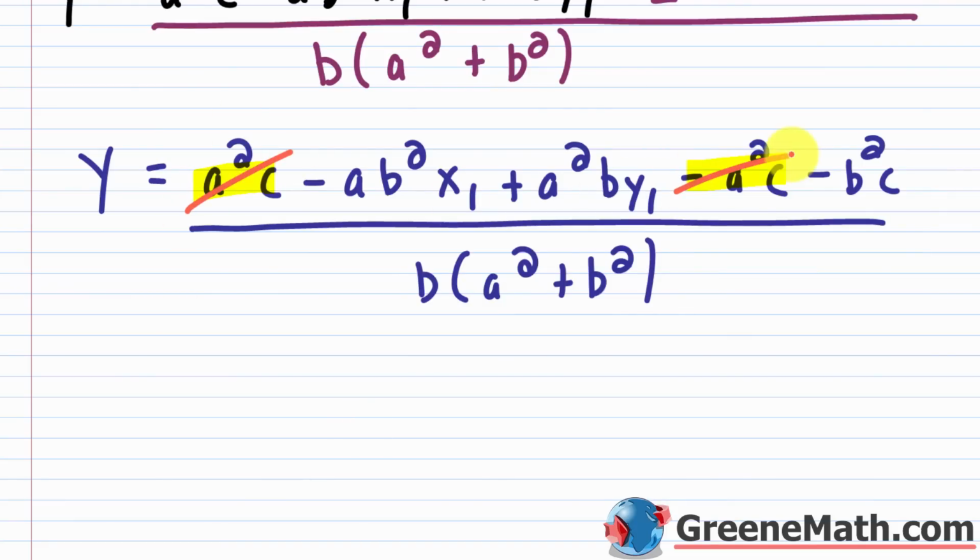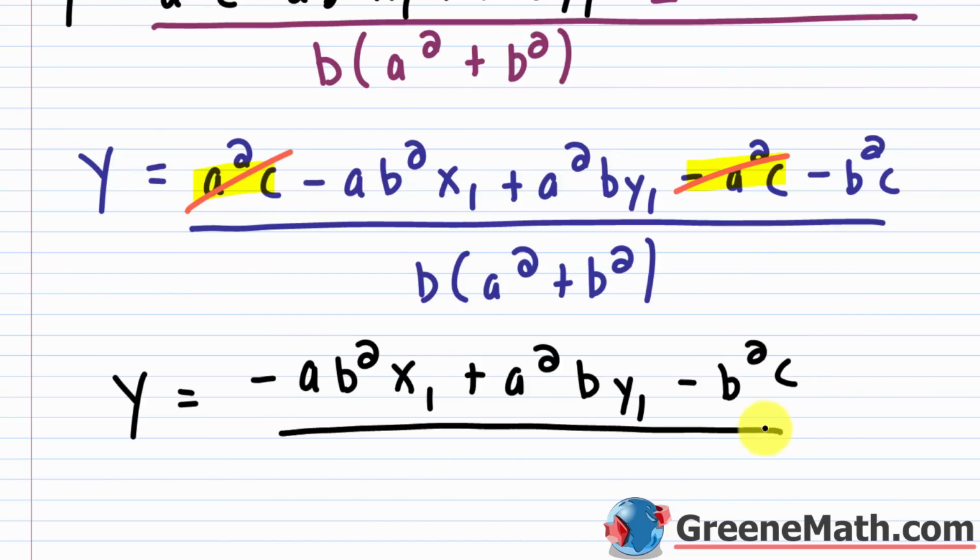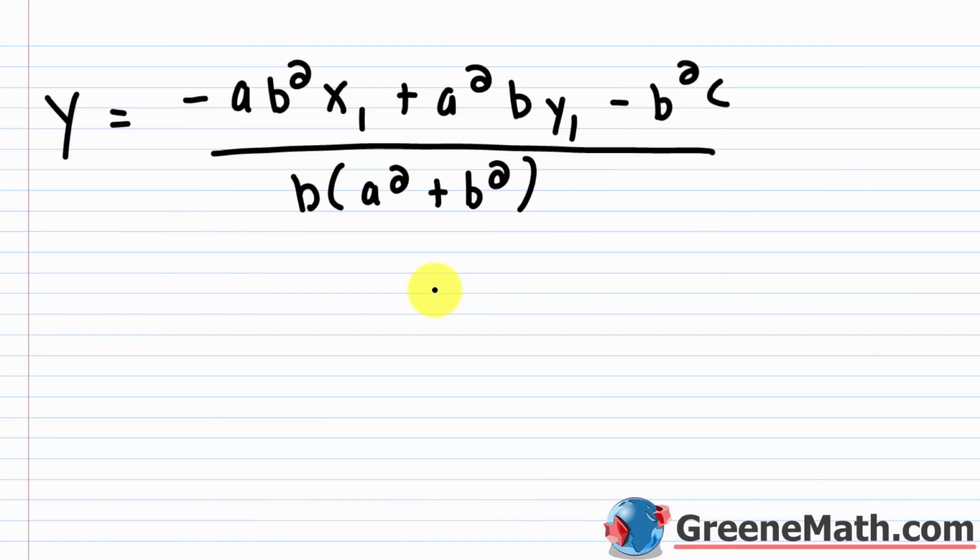Now, if I look at what's left, let's go ahead and say that y is equal to negative ab squared x sub 1 plus a squared b y sub 1 minus b squared c, and this is all over b times the quantity a squared plus b squared. So there's one other thing we're going to do, and basically we're going to factor out a b from the numerator.